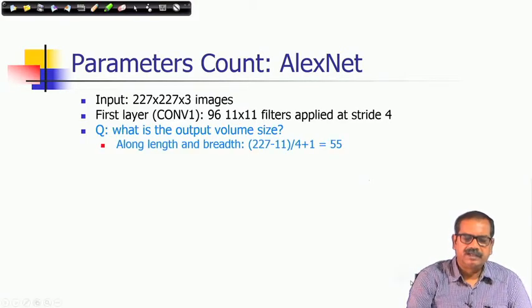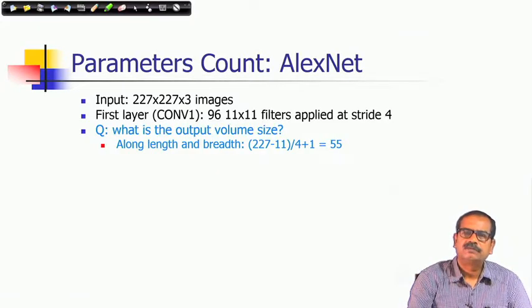Along length and breadth, it has to be 227 minus 11, the filter size, divided by 4, and then you add 1. This is the expression we have discussed earlier also. So, 55 would be the size of the length and the breadth, and your depth is the number of filters, that is 96.